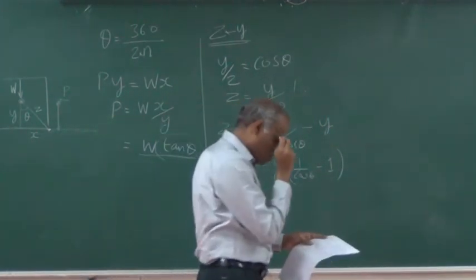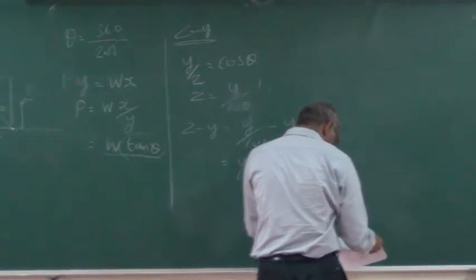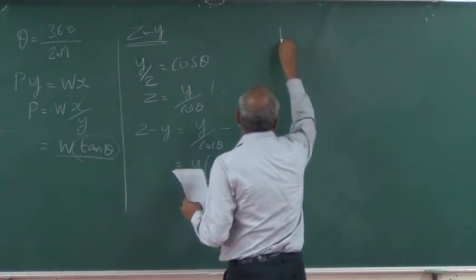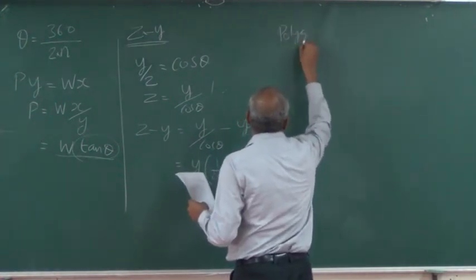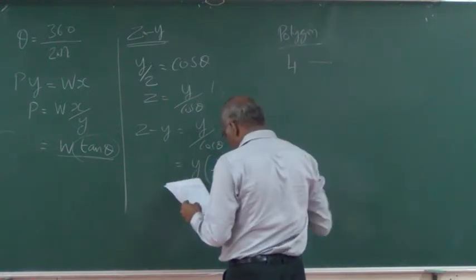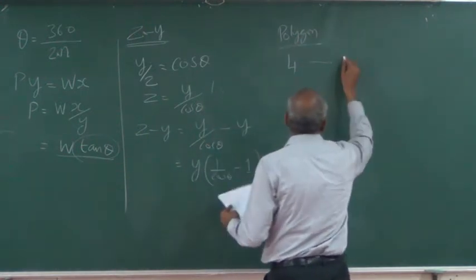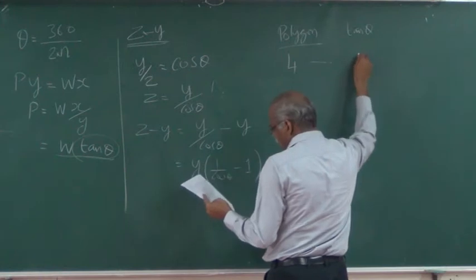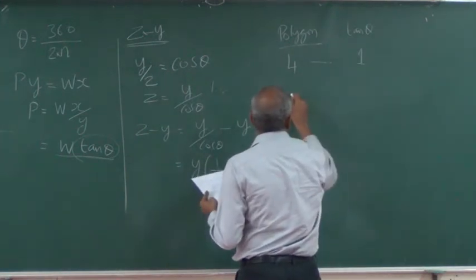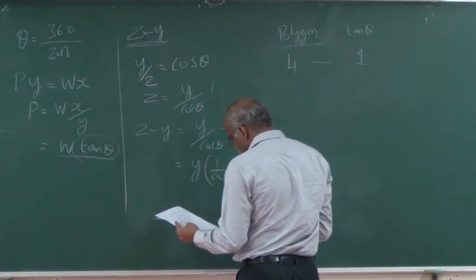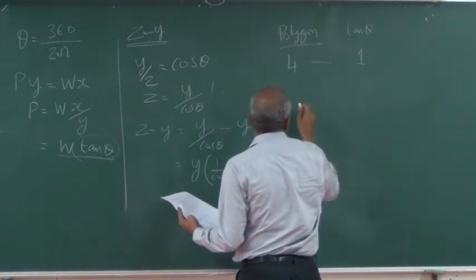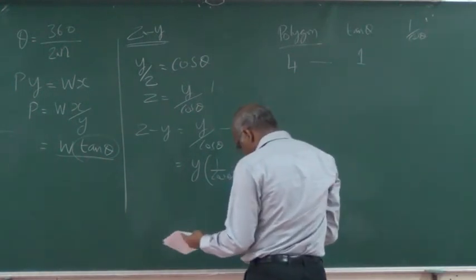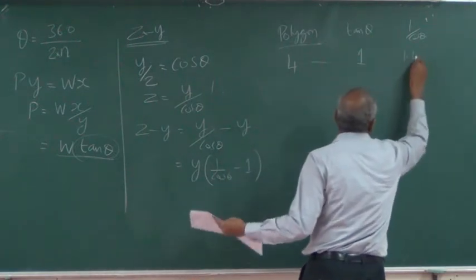If I want to use the square, what will be the repercussions of it? If I use the square as my block to move, a polygon with 4 sides to be rolled, tan theta is equal to 1, and 1 by cos theta is going to be 1.414.